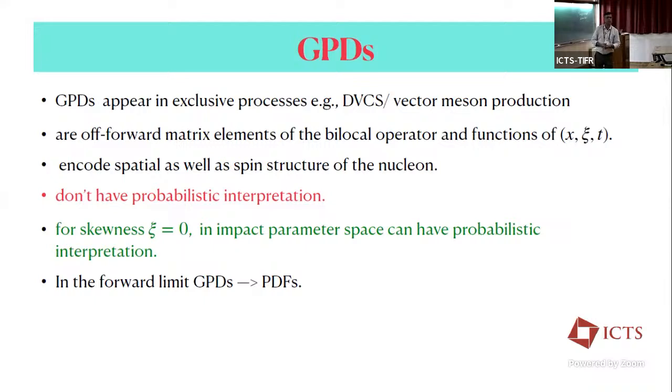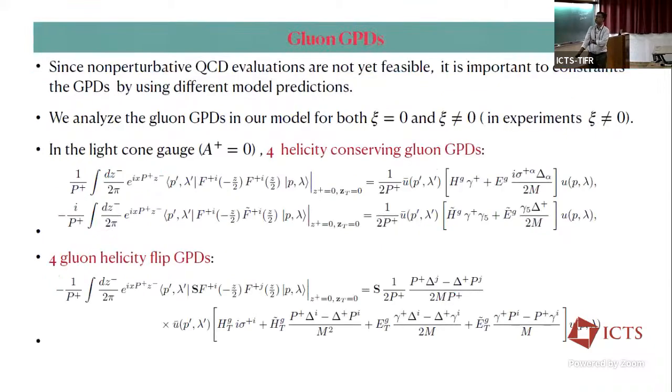But for zero skewness, in impact parameter space, if you take the Fourier transform with respect to the momentum transferred, you get the GPDs in impact parameter space, and then you can have a probabilistic interpretation. And in the forward limit, the GPDs reduce to the PDFs. So these are constraints you can check for your calculation.